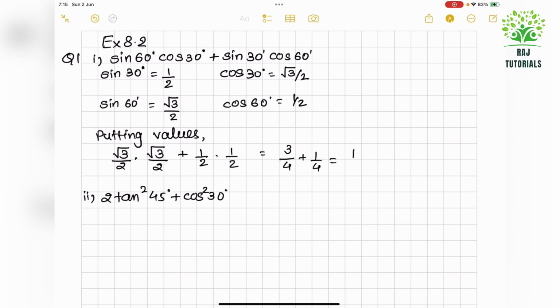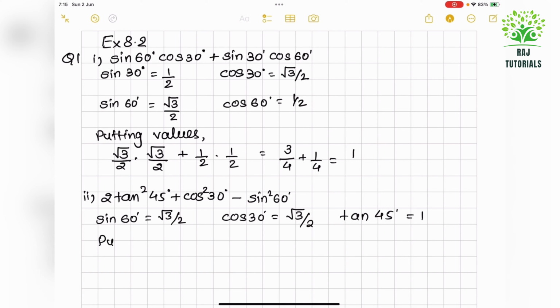Now the second one says 2 tan square 45 plus cos square 30 minus sine square 60 degree. So we know that sine 60 degree will be equal to root 3 by 2, cos 30 degree is root 3 by 2, and tan 45 is 1.